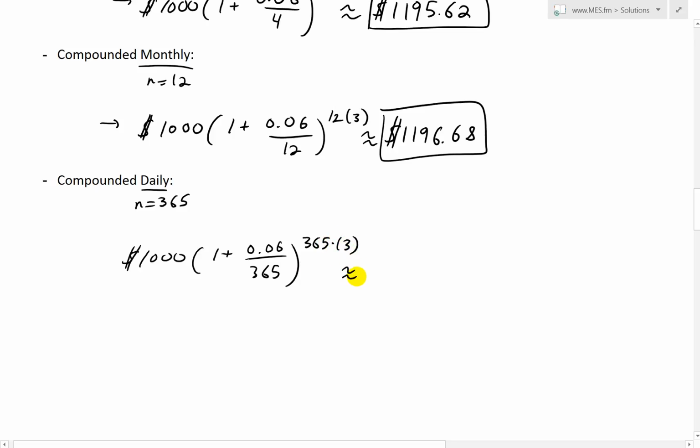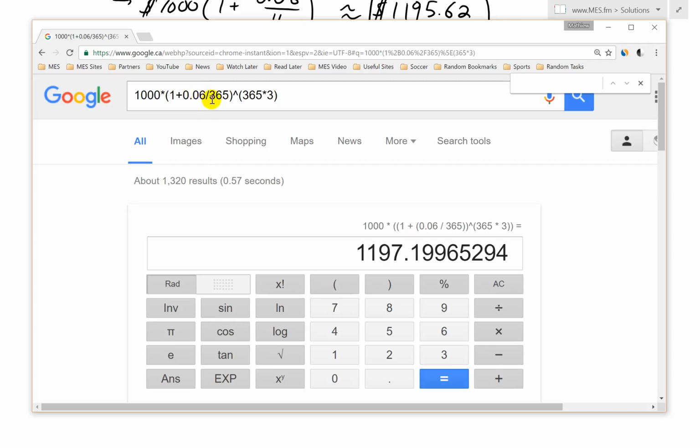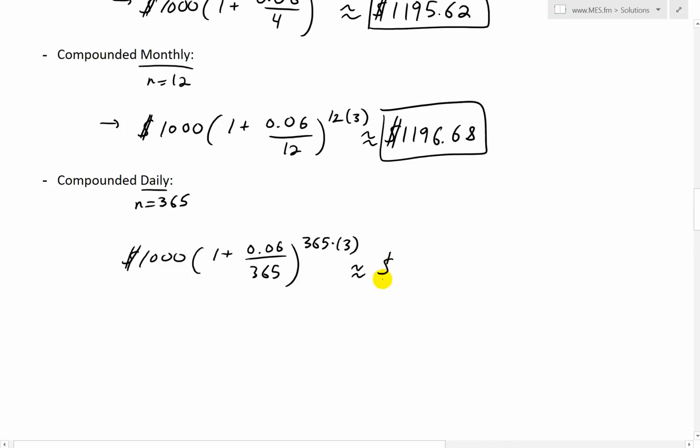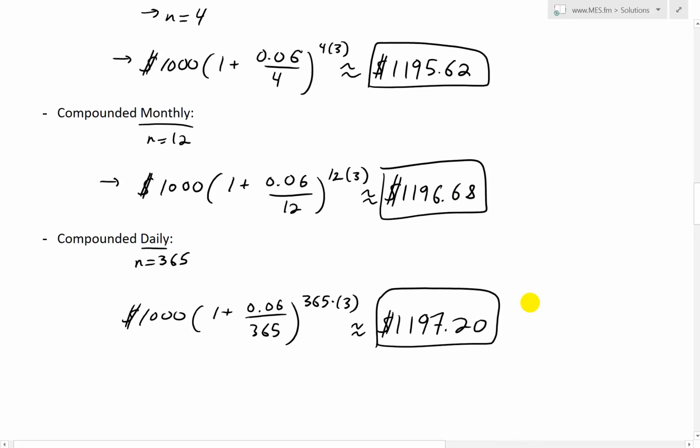Plug this into the calculator, we just replace n by 365, we get 1197.1996. We'll just round it up to 1197.20. So this is just under $1 more than the monthly compounded.